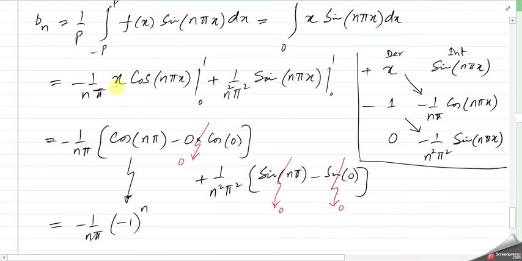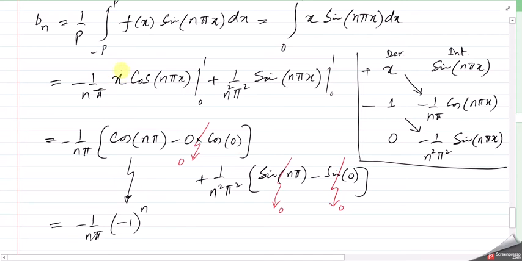So this gives x cos n pi x, multiplying these two, and then minus and minus make plus 1 over n square pi square sine n pi x. Then we put 0 and 1, 1 first, and this is cos n pi, minus 0 times cos 0.